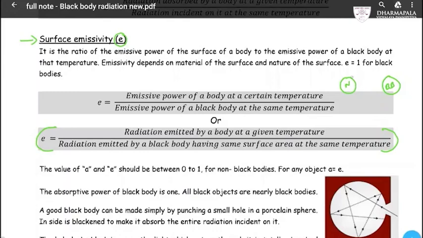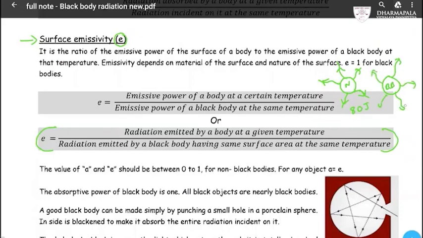So at the given temperature, the normal object will emit energy. Let's say this is 80 joules. 80 joules of energy is emitted by this normal object. But the black body at the same temperature and for the same surface area will emit more than this.